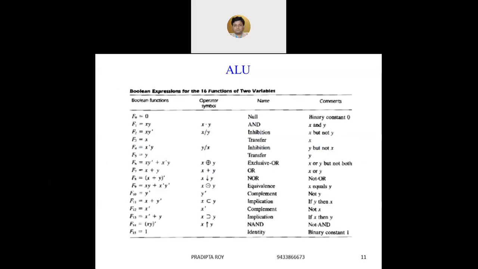Here all the 16 operations are shown, which can be found with 2 binary variables. They are 0, x dot y, x dot y bar, x bar y, etc. So you can find all types of logic operations here.